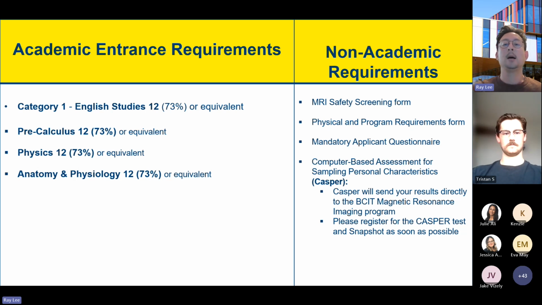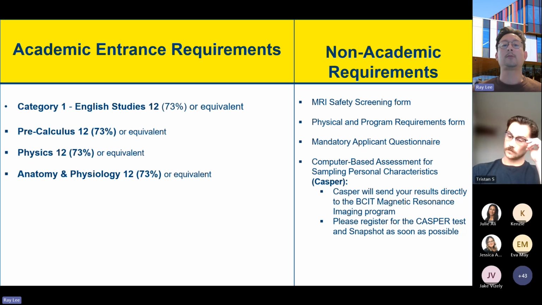Some of the non-academic requirements, now broken down into point form, would be the MRI safety screening form, and the physical and program requirements form, just ensuring that you have read and that you're aware that there are some physical components to the job and that you are okay with doing your clinical anywhere at any of the sites within BC.